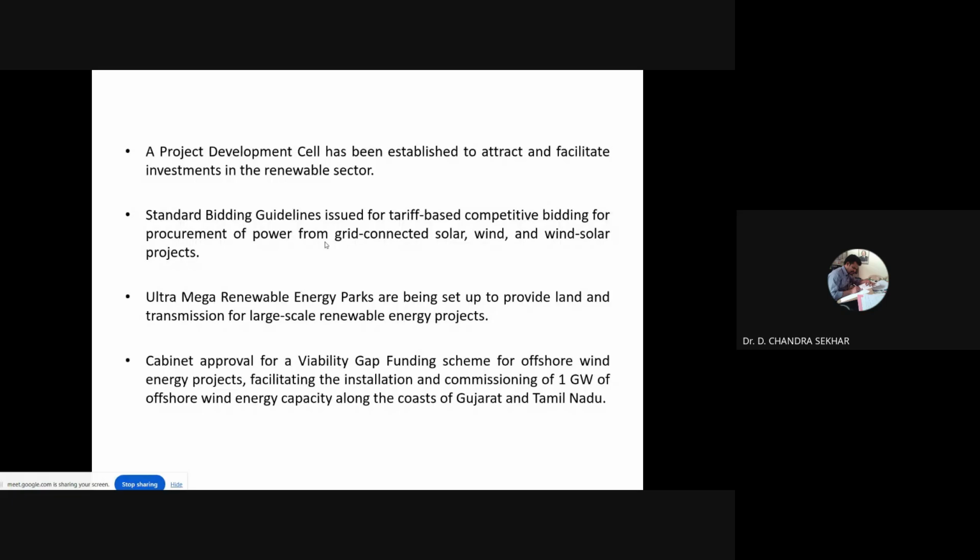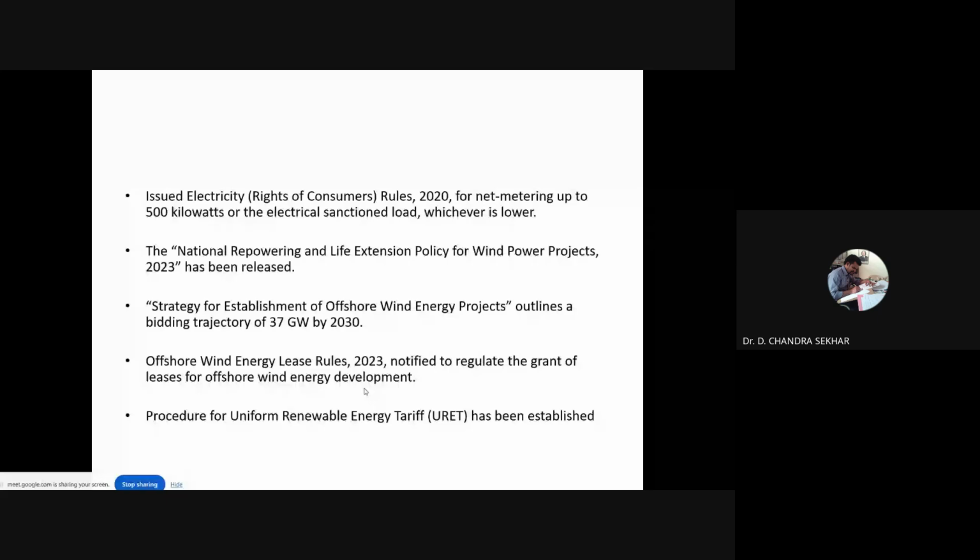renewable energy projects. Here, the cabinet approved a viability gap fund for wind energy projects, facilitating the installation and commissioning of 1 gigawatt of offshore wind energy capacity along the coasts of Gujarat and Tamil Nadu.